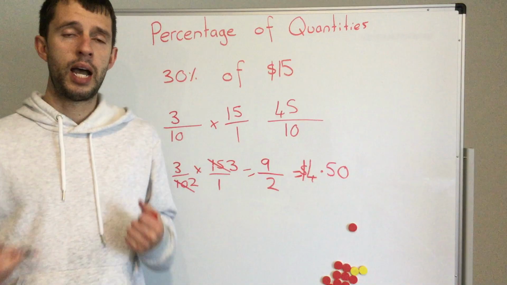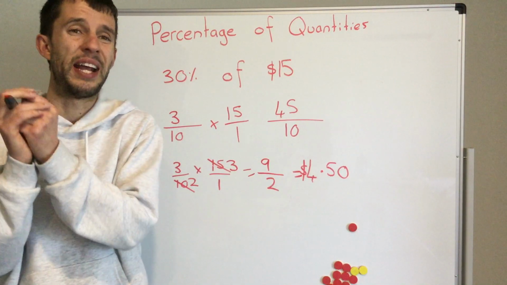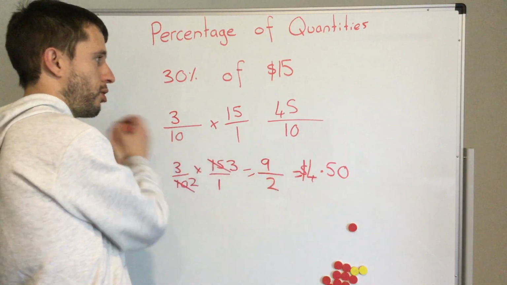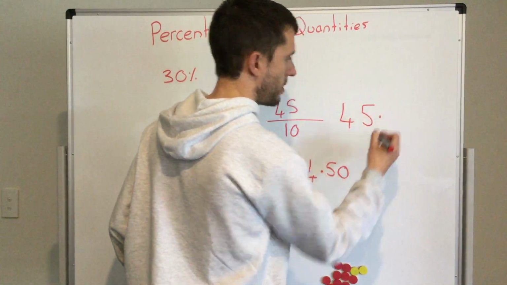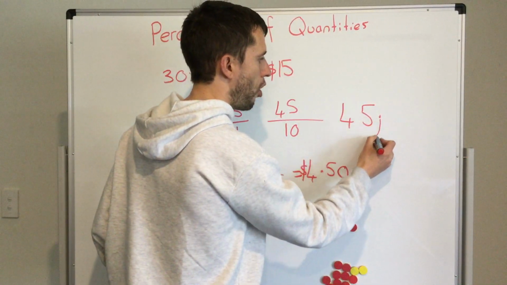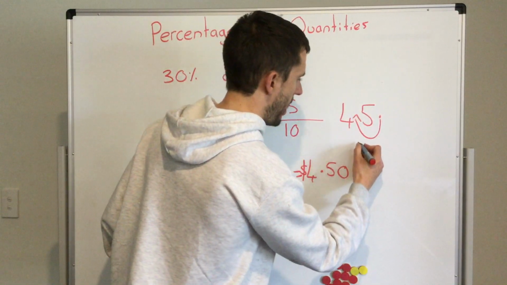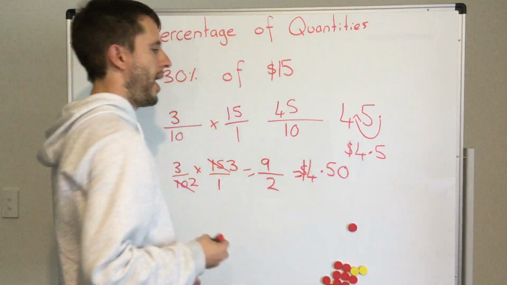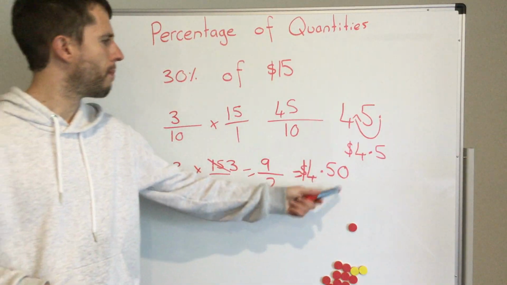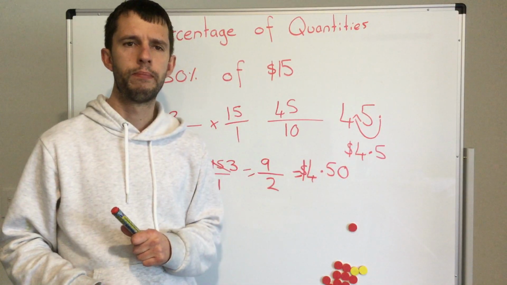When it gets 10 times smaller, we're moving the decimal place one spot over to the left. So 45, I've got a decimal place here, I'm moving it over one spot, and it becomes 4.5 or $4.50. Wow, we got the same answer.